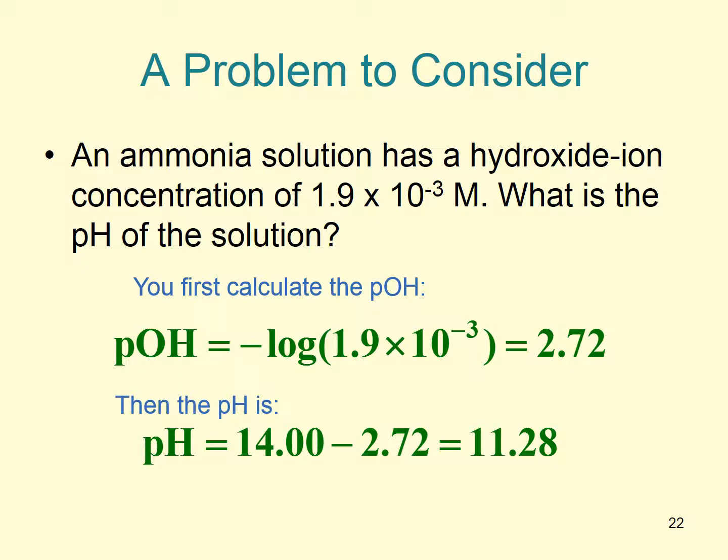Divide 1 times 10 to the minus 14 by 1.9 times 10 to the minus 3, and you get 5.26 times 10 to the minus 12. And then if you take the negative log of that, you also get 11.28. So you could do it either way. You could either first find the H plus concentration and then find the pH, or you can find the pOH and then subtract from 14. They're the same idea.